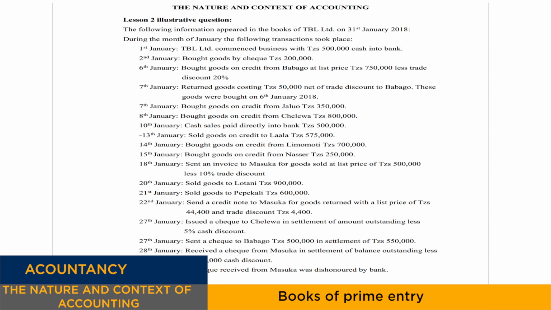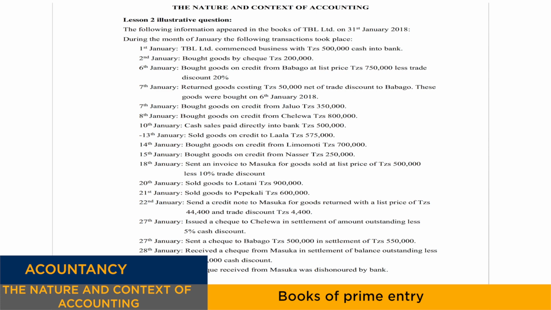On 6th January, bought goods on credit from Babago at list price Tanzania shillings 750,000, less trade discount 20%. On 7th January, returned goods costing Tanzania shillings 50,000 net of trade discount to Babago. These goods were bought on 6th January 2018.